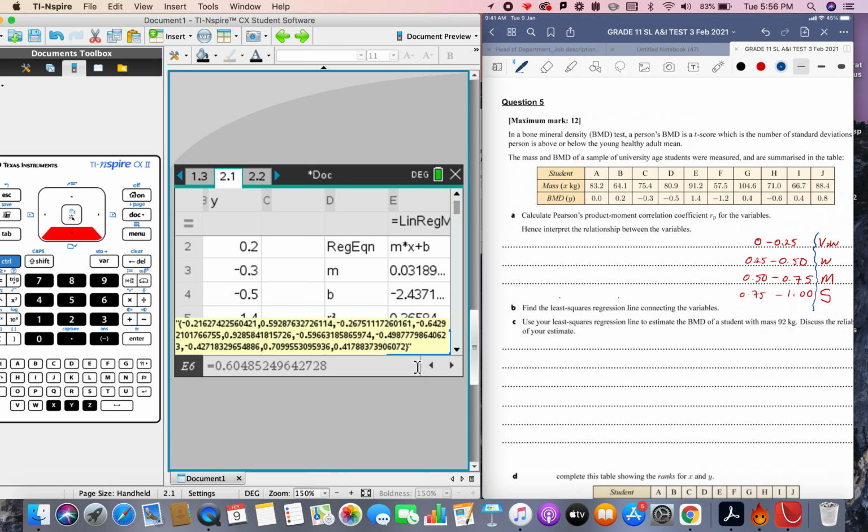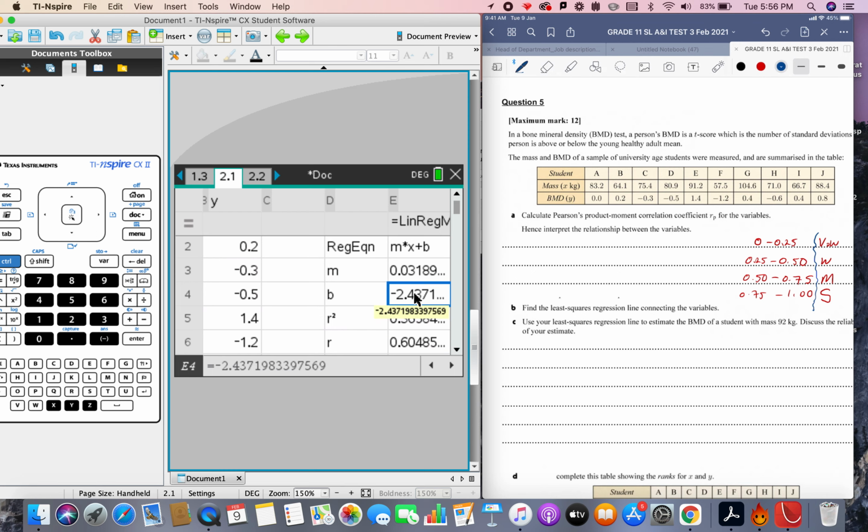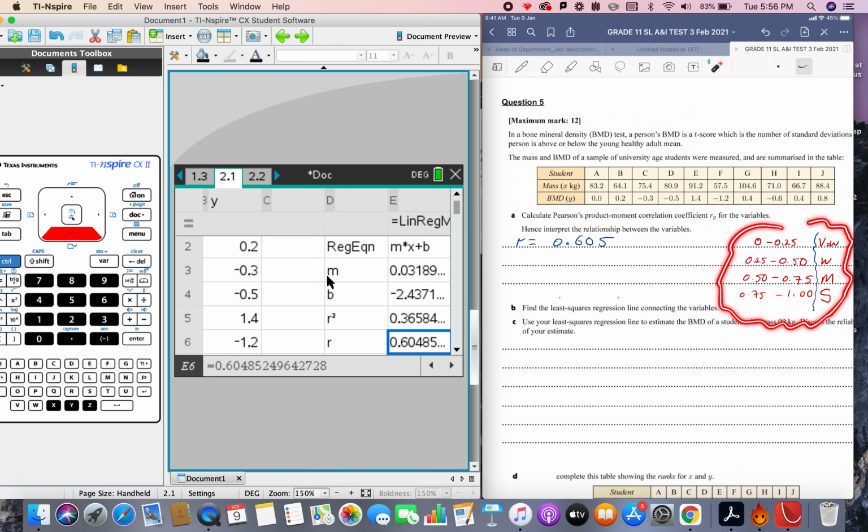So scroll down here. There's the R value, 0.605. So we're going to write that down: R equals 0.605. I've given you a nice little reference chart, which will be easy to remember. It just goes up by 0.25s, and this is acceptable referencing in terms of is it strong, is it weak, is it moderate?